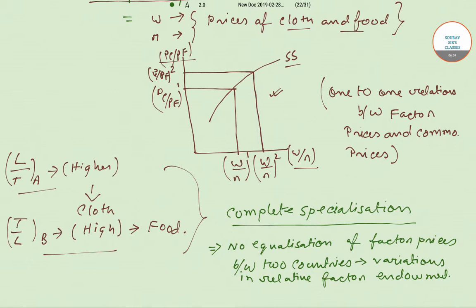Thus it logically follows that factor price equalization occurs only if the trading countries under consideration are almost similar in relative factor endowment.